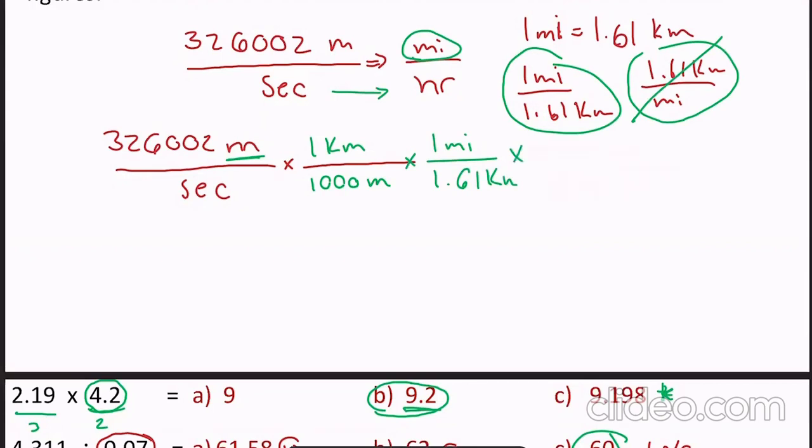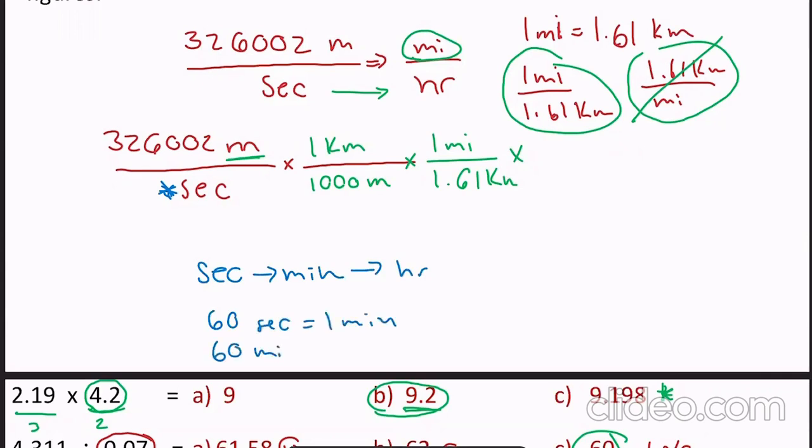How about we go from seconds to minutes and then minutes to hours? So there's 60 seconds in 1 minute, and then there's 60 minutes in 1 hour.